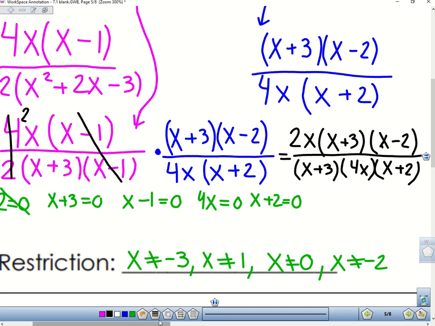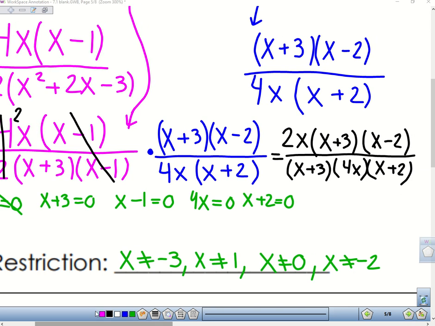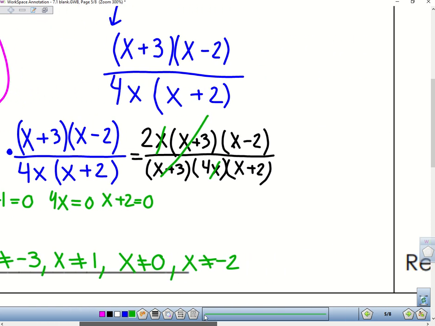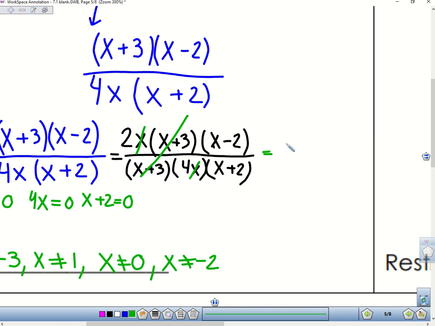So then once you do that, you're now just going to cancel what we can cancel. So what can we cancel out in the big fraction? The x plus 3. We can also cancel out these x's, right? And that leaves me with 2 times x minus 2 over 4 times x plus 2.